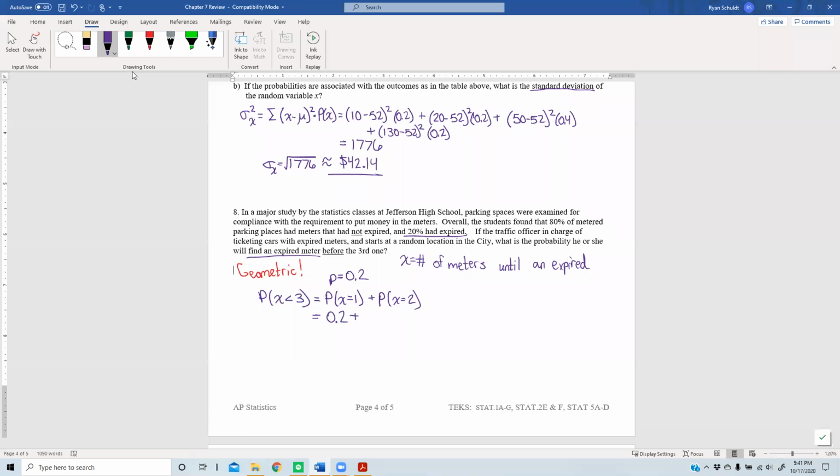Plus probability X equals 2. Well, we had 1 failure, and then we had a success. So that means our probability would be 0.36. There's our answer.